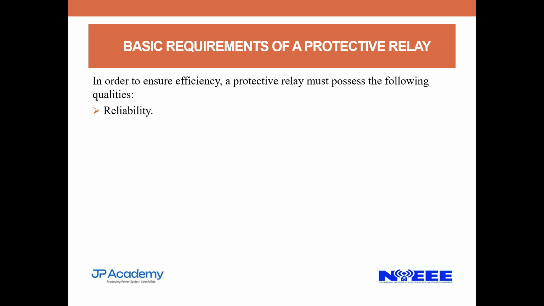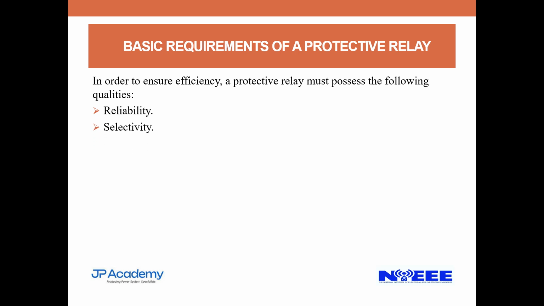So it is crucial that we are sure once there is the introduction of a fault, the relay should instantly pick up. That degree of certainty that the relay will operate is what we call reliability.